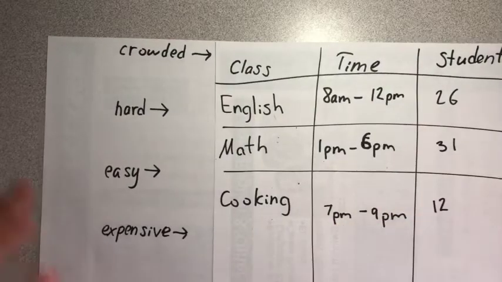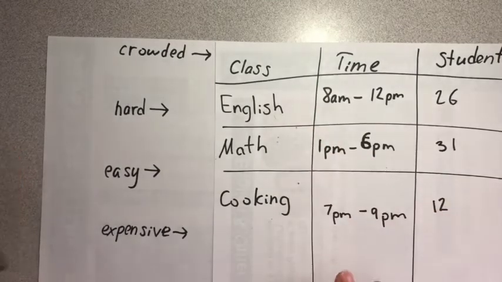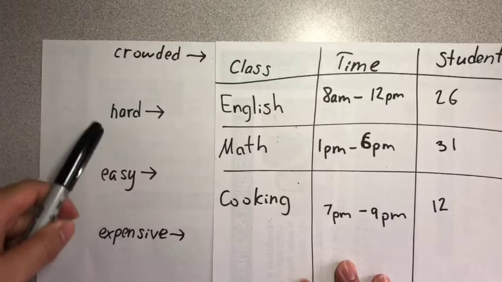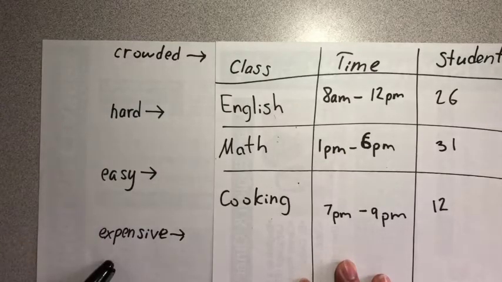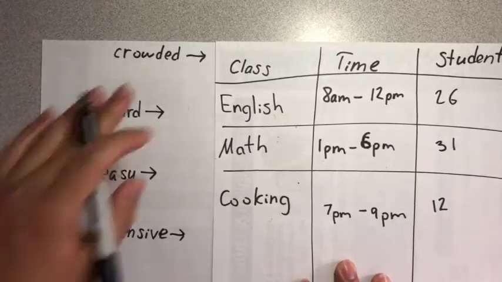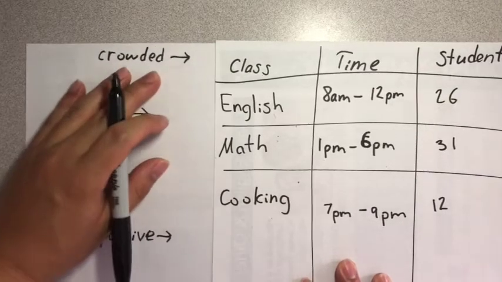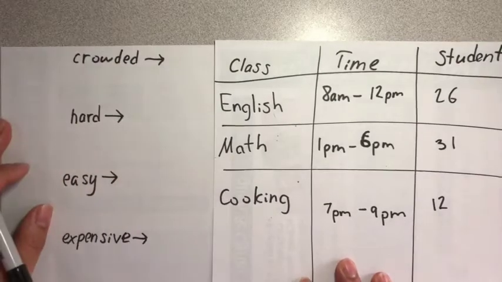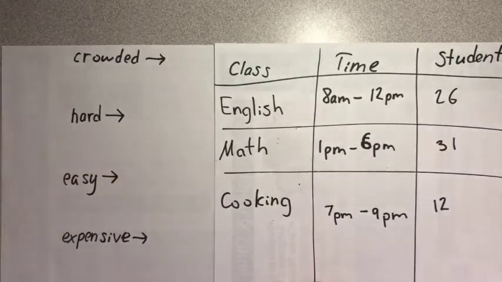Okay, so with these three classes, I want you to write the adjectives for crowded, hard, easy, and expensive. Which class is the most? So let's start with crowded. When we're comparing three things, how do we say crowded for three things?